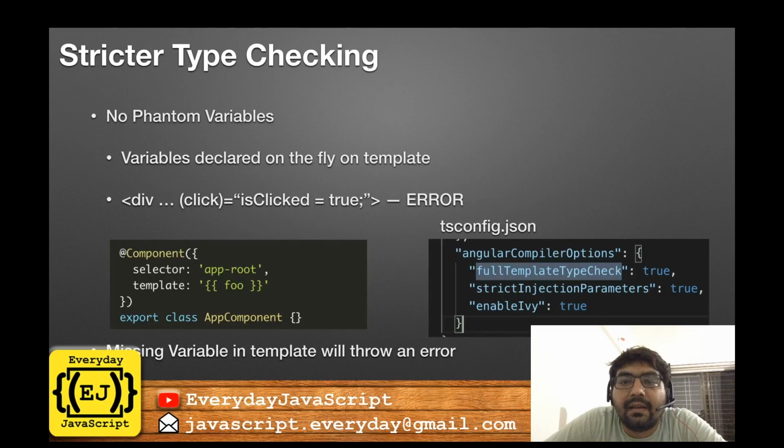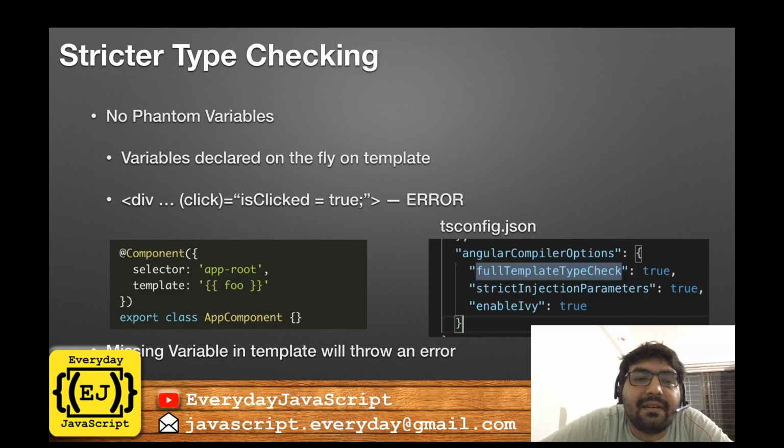The next feature that we have is stricter type checks. That means that we can't be lazy developers now. We don't have any more options of phantom variables that we used to declare on the fly on the template. Let's take this for an example. Let's say this div was an element of a particular component.